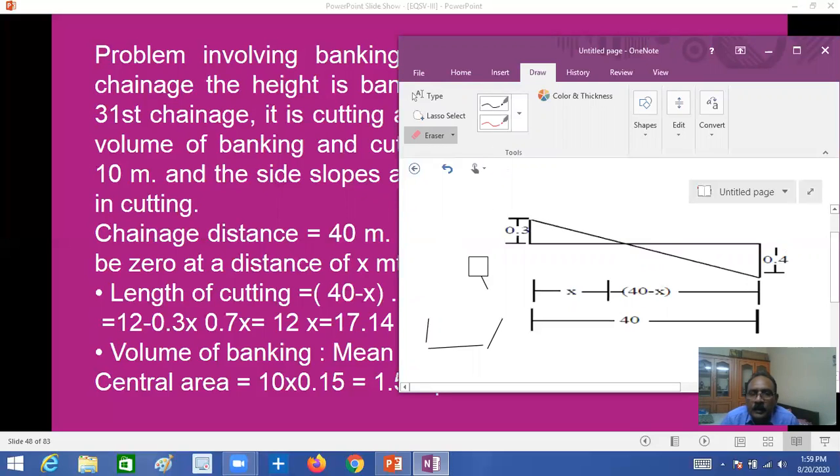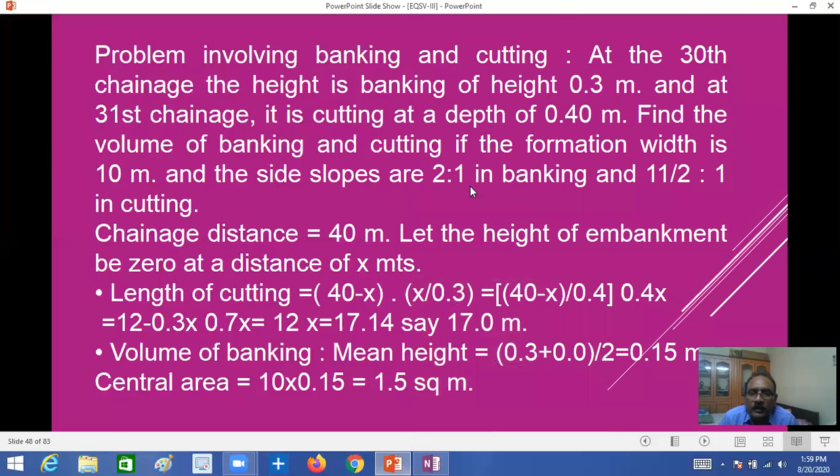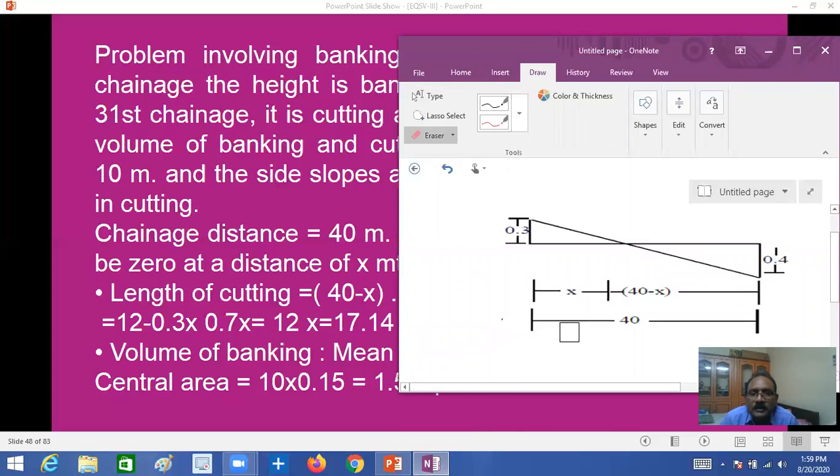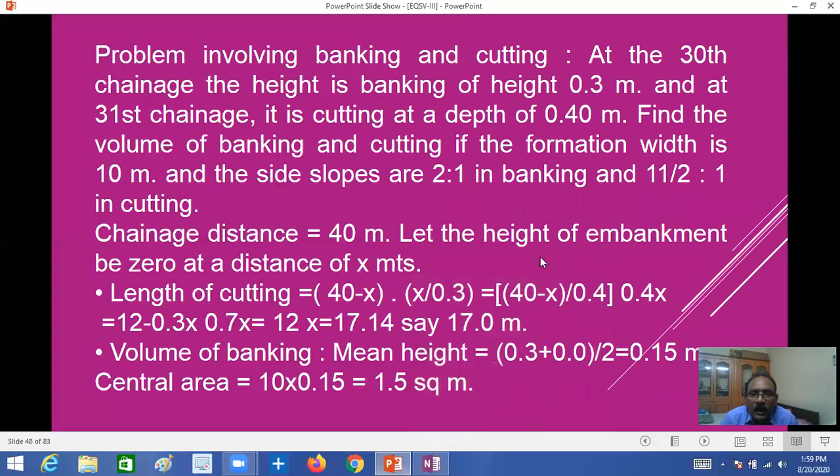This means S equal to 2:1 in banking and S equal to 1.5:1 in cutting. The chainage distance is 40 meters, as given. This is 40 meters.